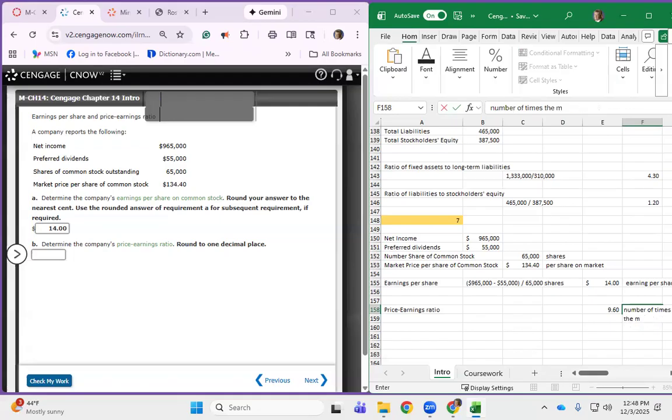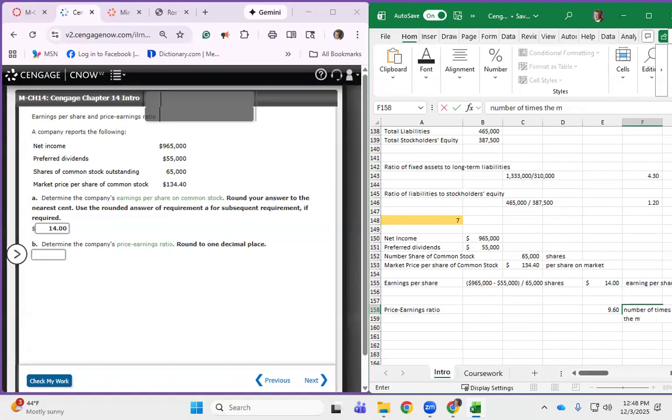Let me go back and see what it says here, because I don't want to say it wrong. So once again, it measures future earnings prospects. It's the number of times that the market price is over our earnings.